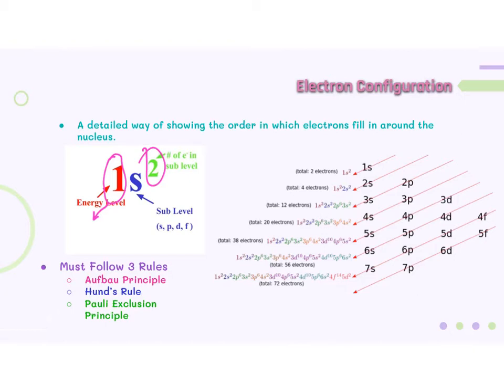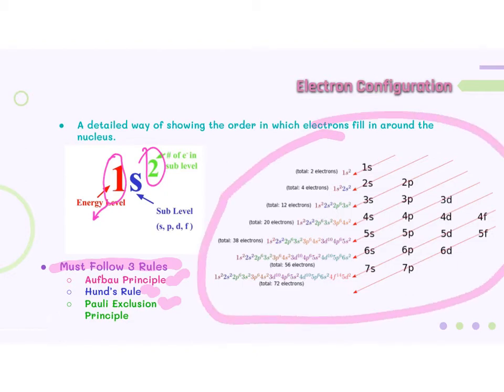In order to fill, we must follow 3 rules: the Aufbau Principle, Hund's Rule, and the Pauli Exclusion Principle. If you look over here, this is just a neat chart of how you fill.